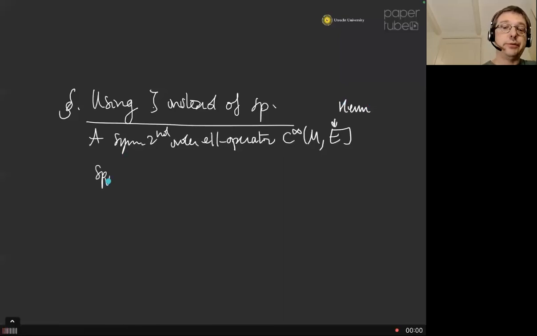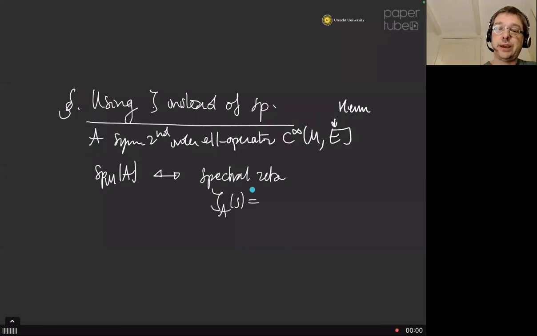Then we have two concepts. We have the spectrum, given by extending this to L2 and then taking the usual spectrum, but we also have the spectral zeta function. The spectral zeta function is exactly summing over the non-zero spectrum, lambda to the minus s.